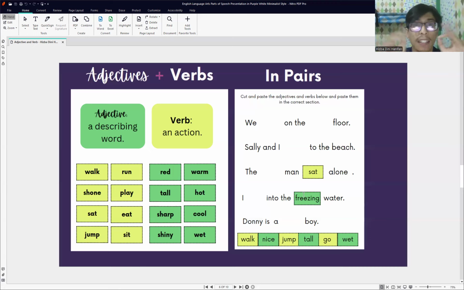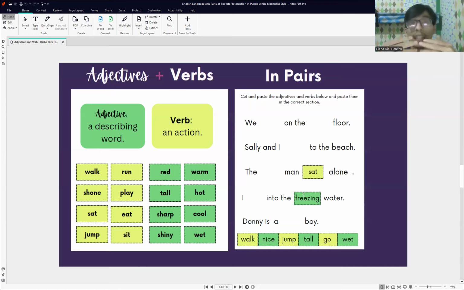In bahasa, adjective mengikuti kata benda. Verb diikuti kata benda, atau in other words, the noun itself takes precedence over the verb. So in bahasa, verb datang after a noun.